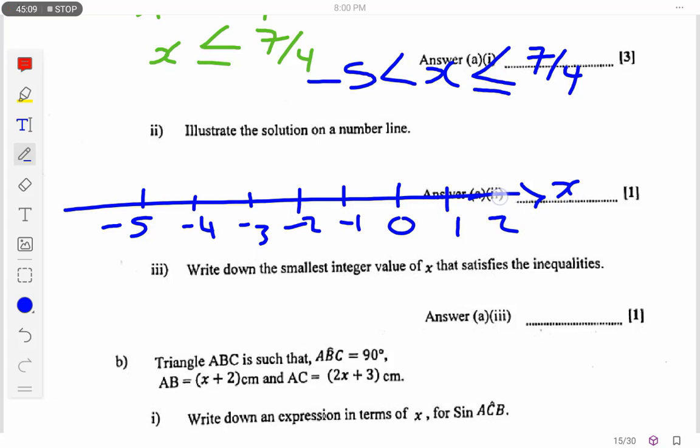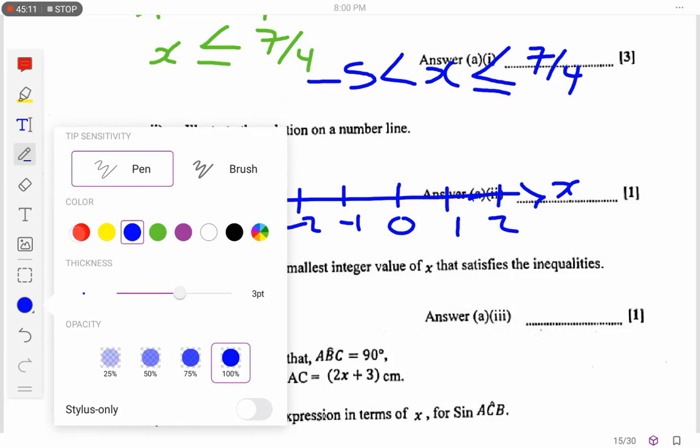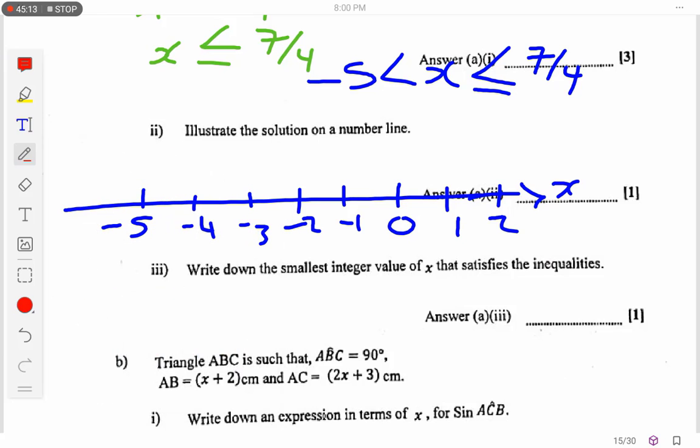Then you find out my 7 over 4 is the same as 1 and 3 over 4. So 1 and 3 over 4 is somewhere there. So I can have it like that, and it's going to be shaded because of that. Then for mine minus 5 is going to be like that. So this is my number line.